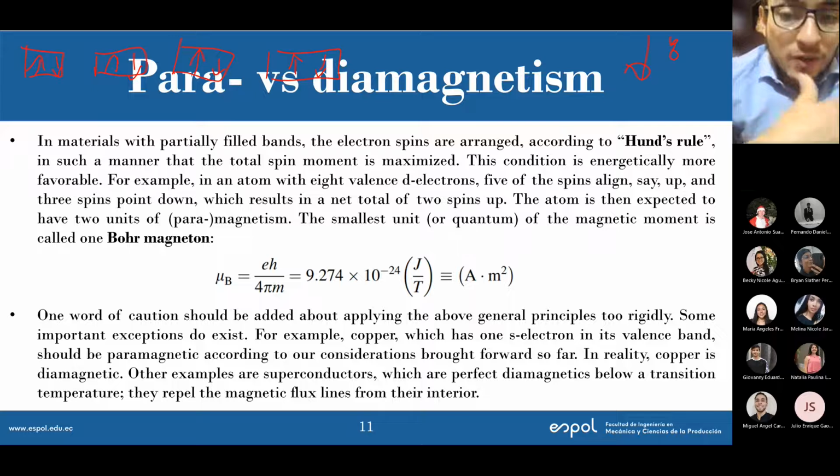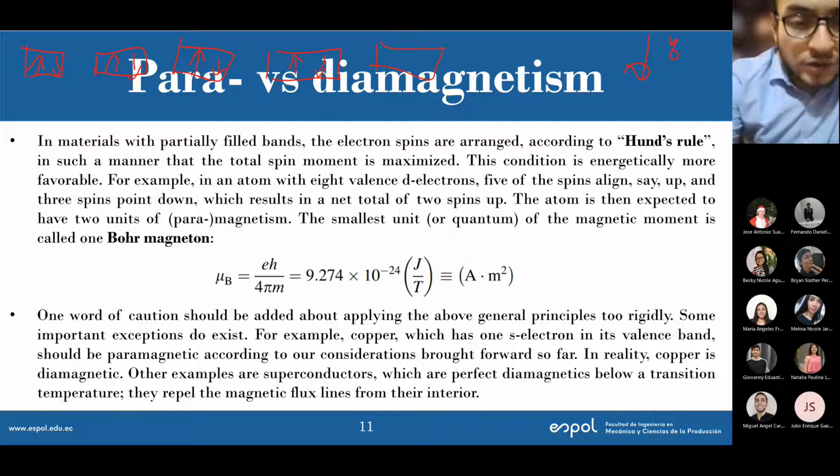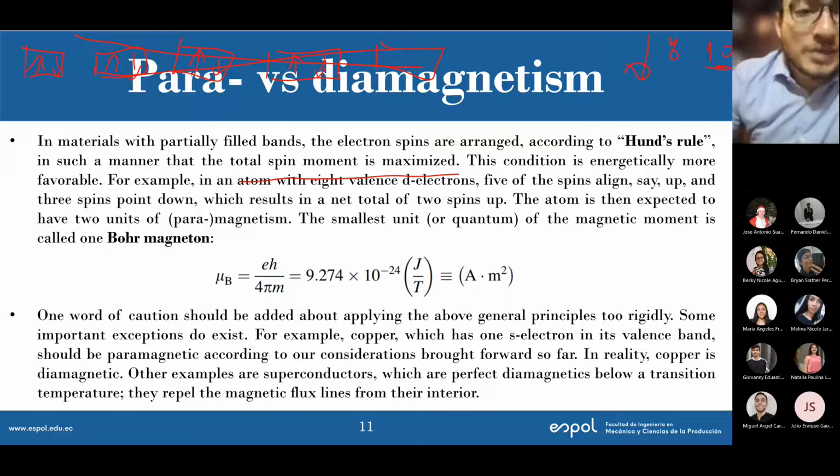But again, because of Hund's rule, he says... and remember, the d subshell can hold up to 10 electrons. So let's say a d8 doesn't have this. Why? Because Hund's rule tells me that the total spin moment must be maximized.